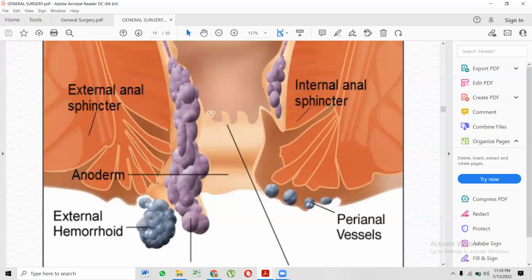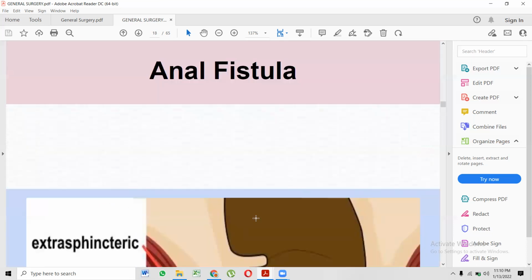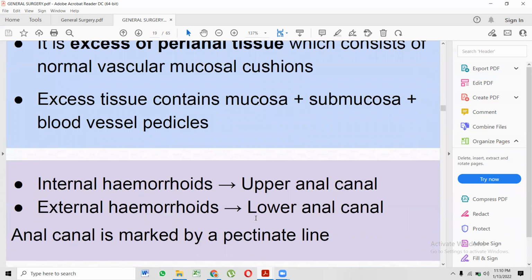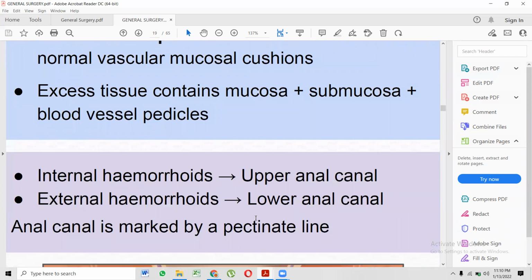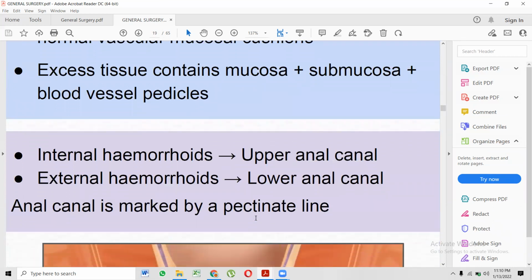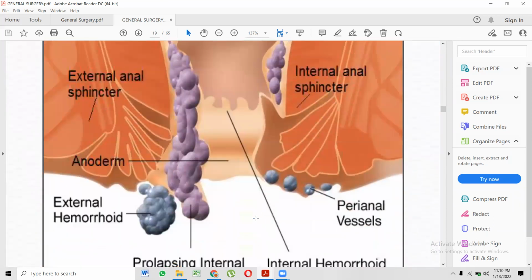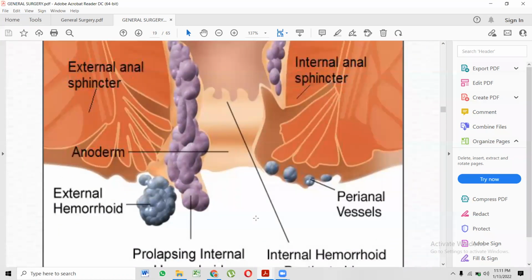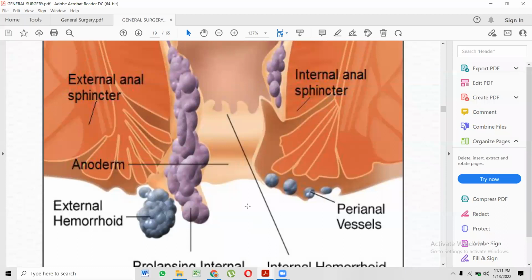And the hemorrhoids which are below the pectinate line or in the lower anal canal are called external hemorrhoids. Internal hemorrhoids can also come out of the anus if they are prolapsed. You can see in this diagram that the internal hemorrhoids have prolapsed and they have come outside.